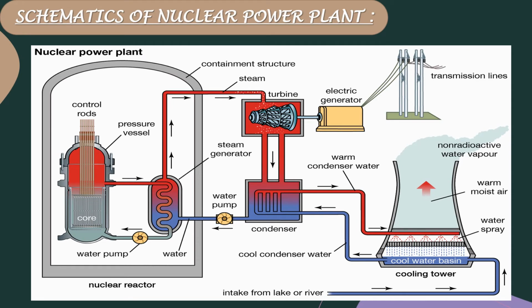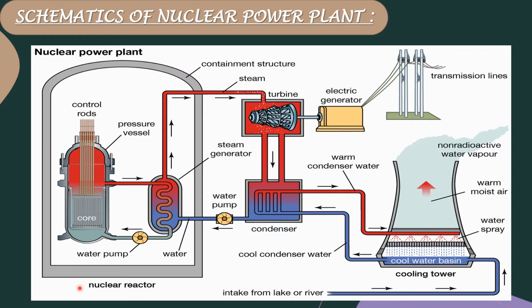Students, now let us understand the schematics of a nuclear power plant. In a nuclear power plant, nuclear energy in the nuclei of atoms like uranium or plutonium is converted to electrical energy.